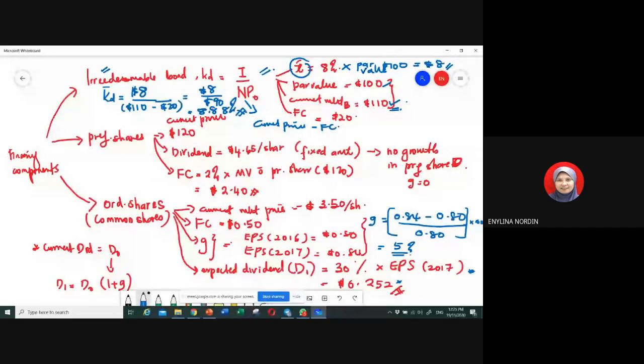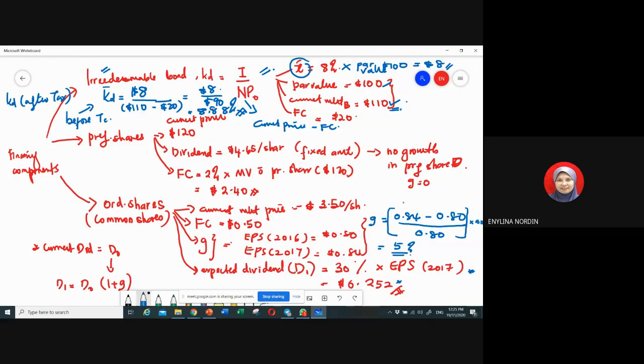Okay, this is before tax. Again, I mentioned in the slide or lecture before, this is the cost of debt before tax. So we need to determine the cost of debt after tax. Why? Because the interest amount is treated as an expense, and this happens before the tax payment.